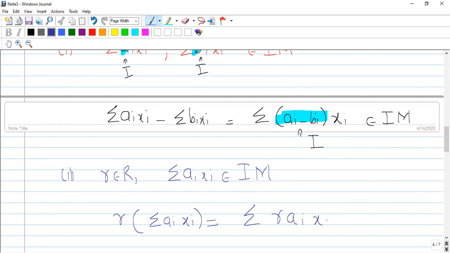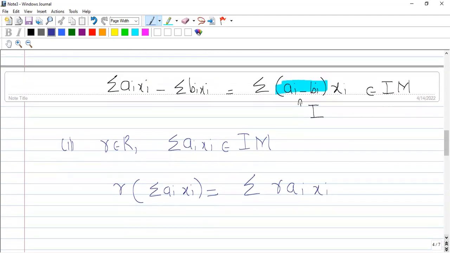Now we know that r a_i is an element of I, because a_i is an element of I and r is an element of the ring. If you multiply an element of an ideal with an element of the ring, overall you will get an element of the ideal.